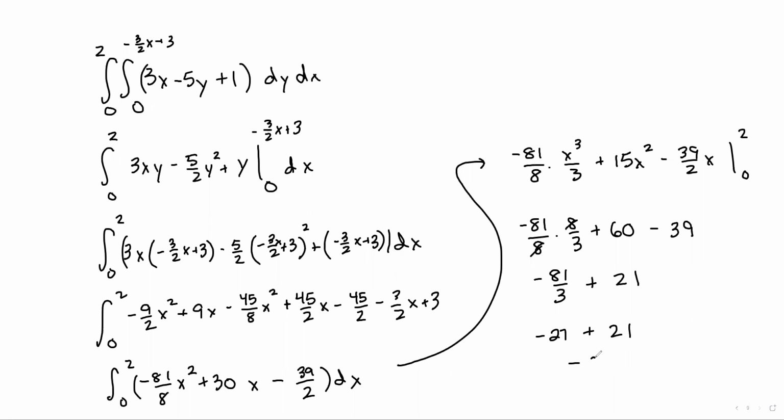And so we end up with -6. Okay, that looks right. Let's do another one before I spend too much time staring at that one and find more mistakes. Let's do another one.